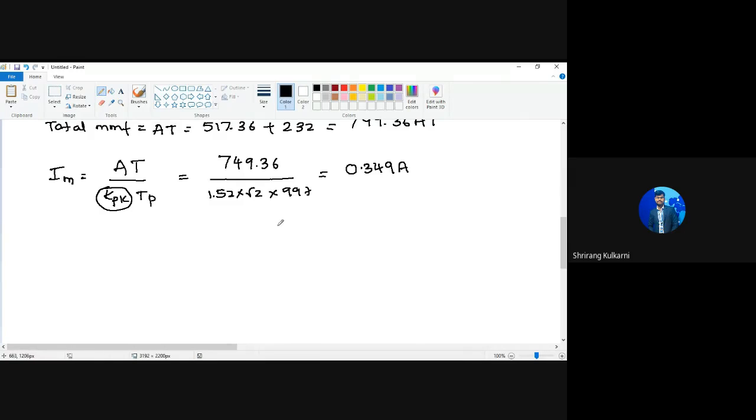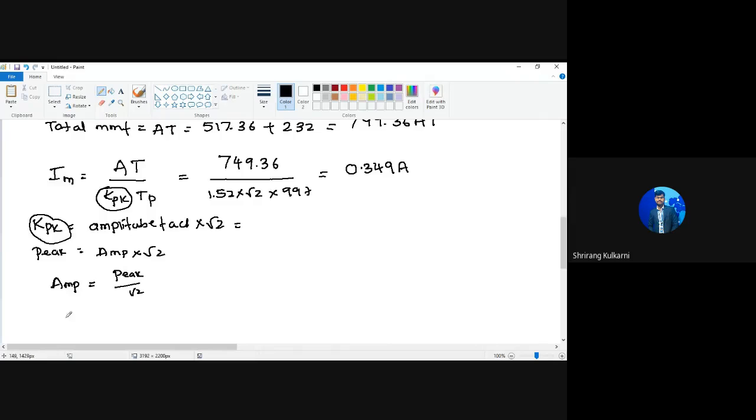Understanding? So to know the KPK, he has given the amplitude factor. Amplitude factor into √2 ಮಾಡಿದ್ರೆ ನಿಮಗೆ KPK ಬರ್ತದೆ. ಇದು peak value, ಇದು amplitude ಅದ. ಮಲ್ಟಿಪ್ಲೈ ಬೈ √2 ಮಾಡ್ತೀರಿ, ಅಥವಾ ಪೀಕ್ ಬೈ √2 ಸಿಗ್ನಲ್ ಸಿಸ್ಟಮ್ಸ್ ಒಳಗೆ.